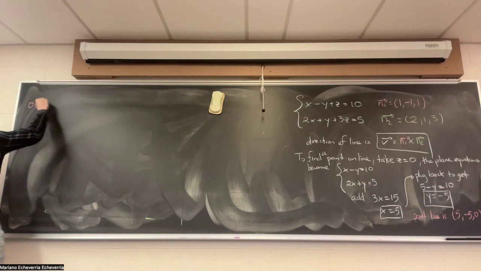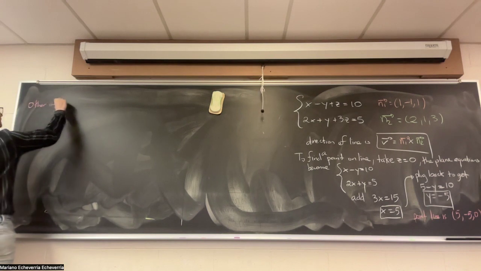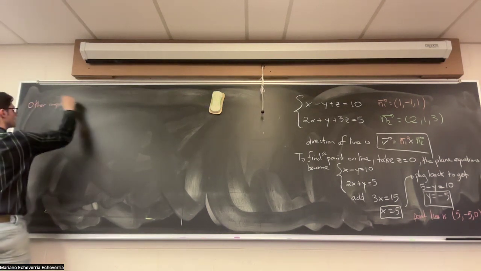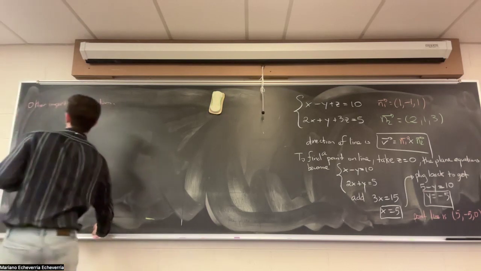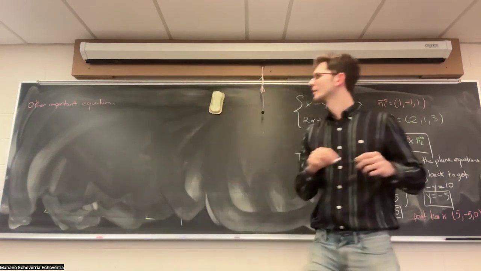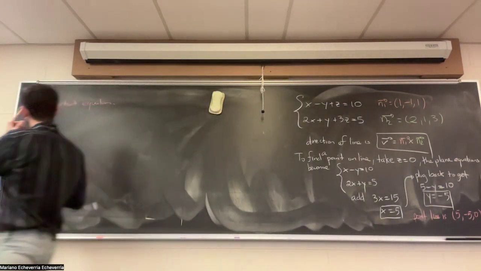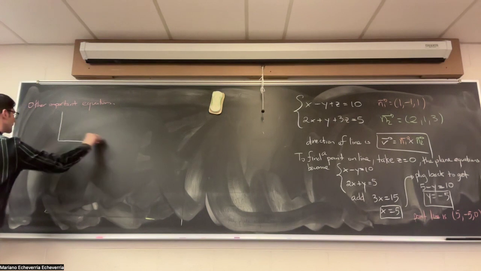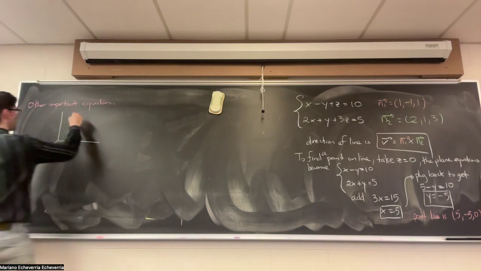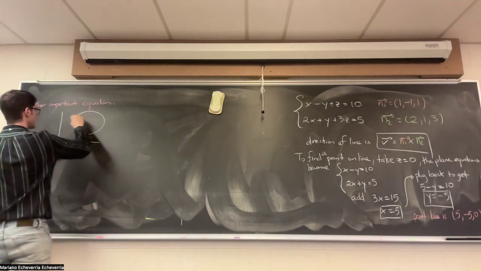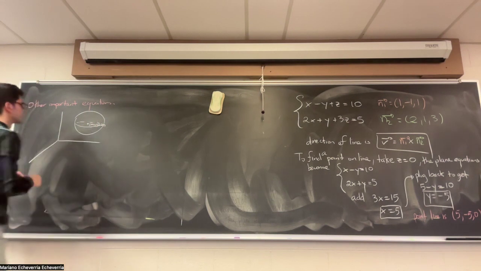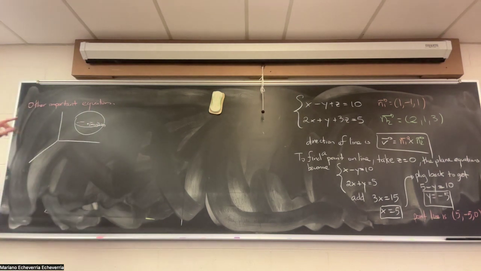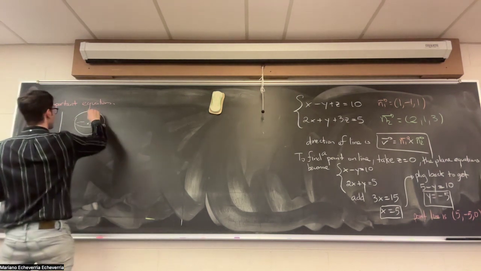So here are some other important equations. The first one is the sphere. It's a sphere centered at (x naught, y naught, z naught) with radius r.